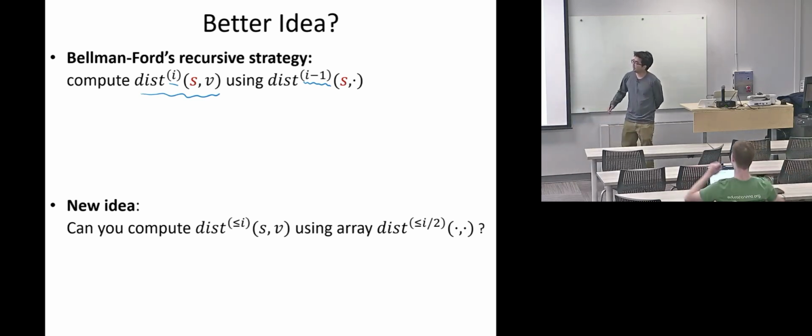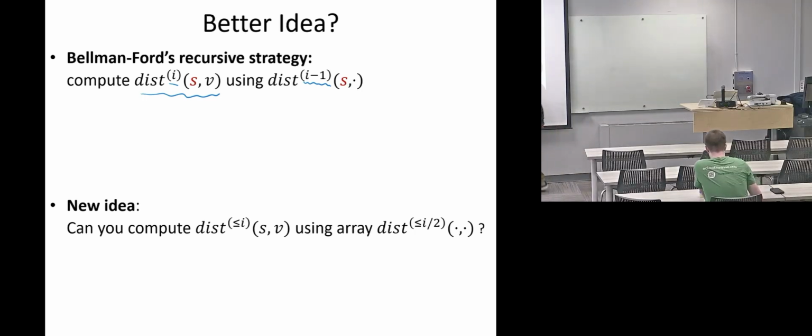So the path that uses at most i hops from S to V, there must be a middle guy on the path. And the distance from S to the middle guy uses i over 2 hops, and from the middle guy to V uses i over 2 hops. So if you have information about i over 2 hop distances, then we should be able to compute this one. And we don't know who the middle guy is, so we can guess and loop through all of them. So that's the idea.